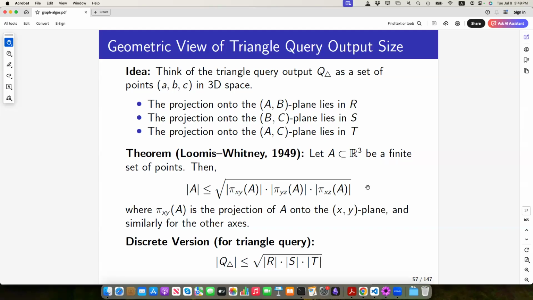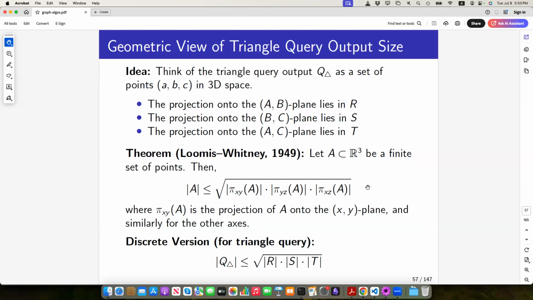Now, this result has a discrete version which becomes a triangle query. So if you think about the 3D object as being the set of tuples of triangles, and you think about the projections as projecting to the first two attributes, or the other two attributes, or the third set of two attributes, and I give you the projections, then the total number of triangles is at most the square root of the product of the cardinalities of the relations.